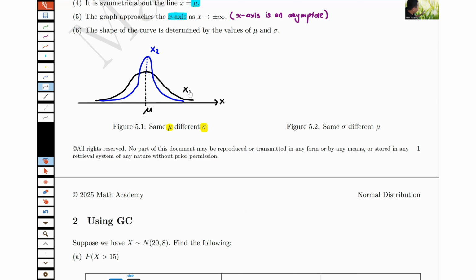When you draw x2, if it's higher in the middle, it must be flatter at the ends. The total probability must stay as 1. Total area must be 1 for both x1 and x2. Therefore, if it's higher in the middle, it must be flatter at the ends. The total area is preserved as 1.